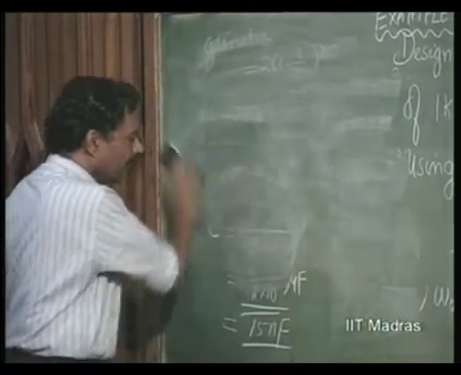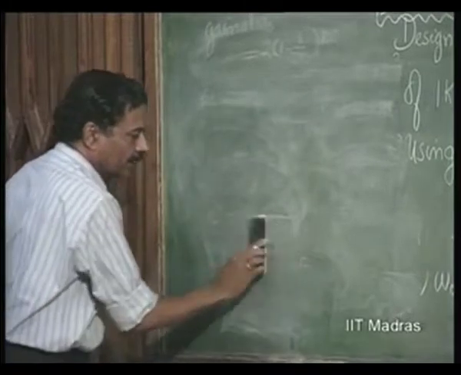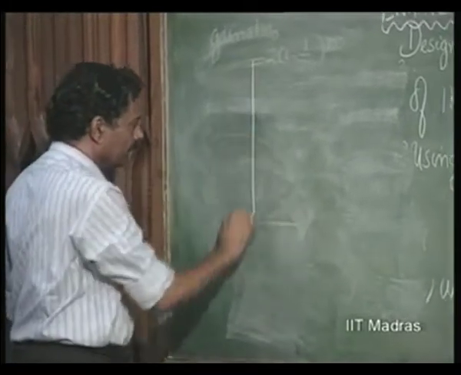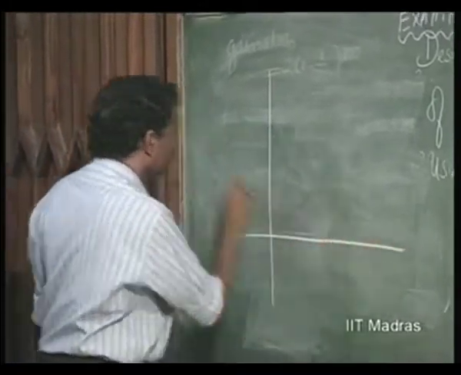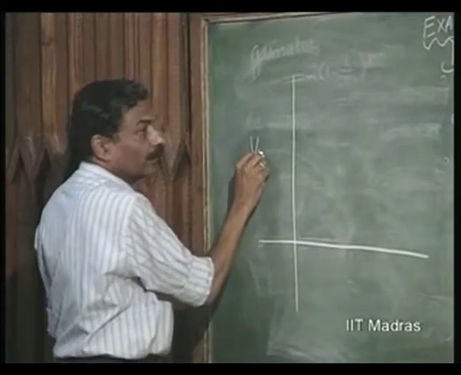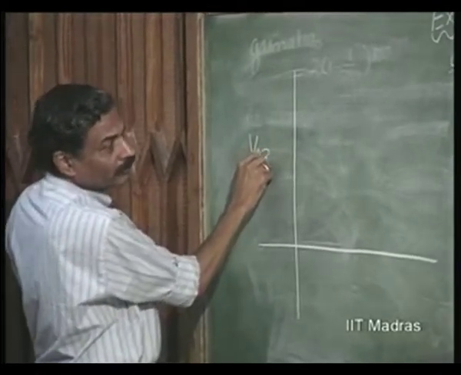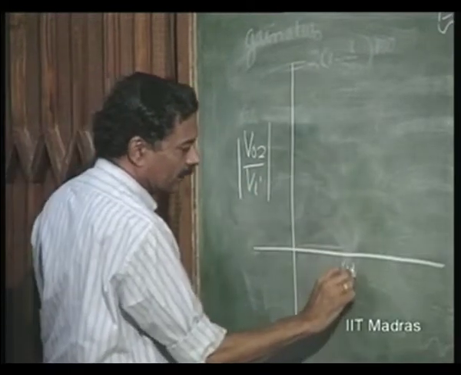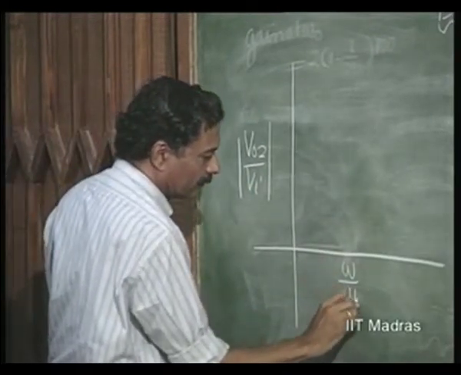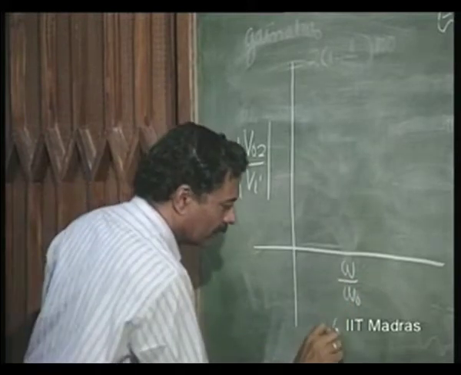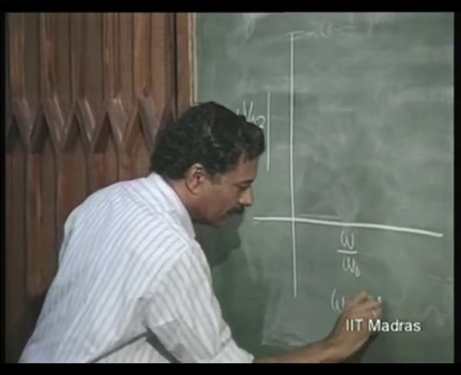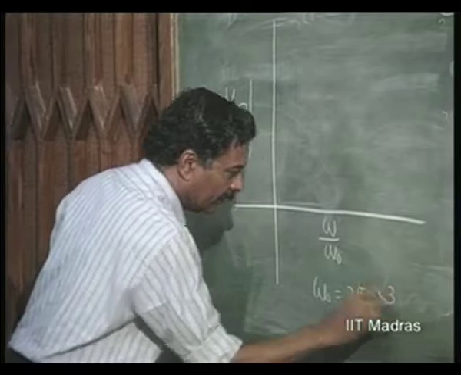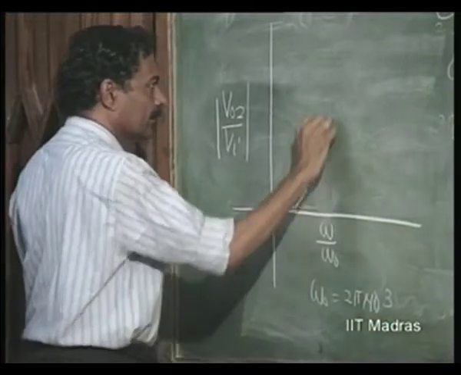After you have designed, you can plot this response of the filter, that is, what you do is V naught 2 by V I, magnitude of this, versus omega by omega naught, omega naught being 2 pi into 10 to the power 3, then you will get this.